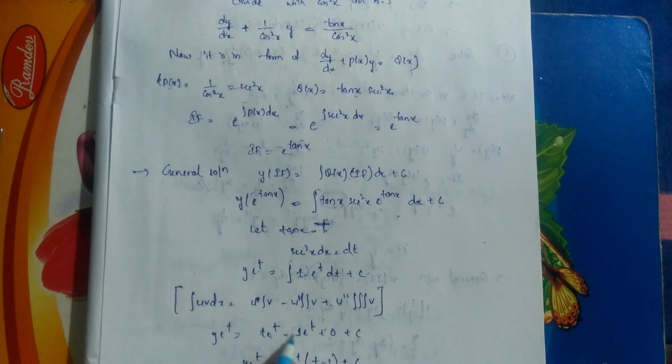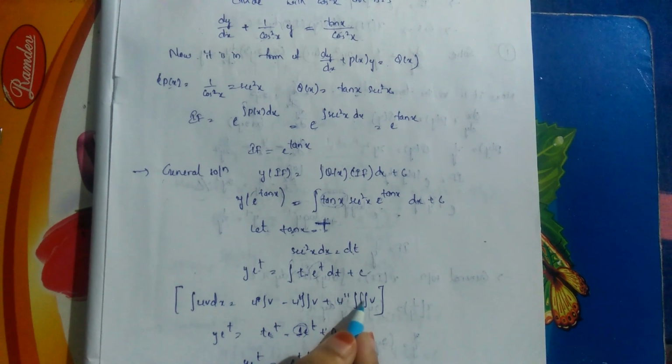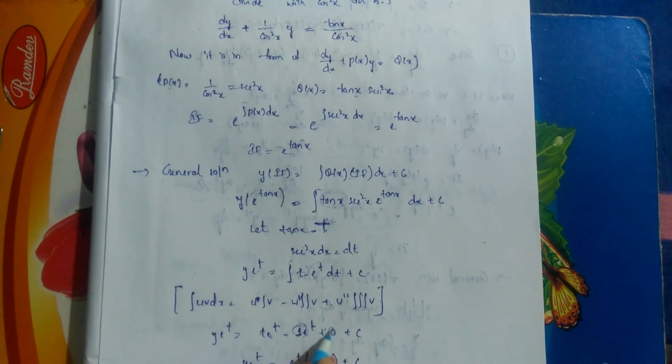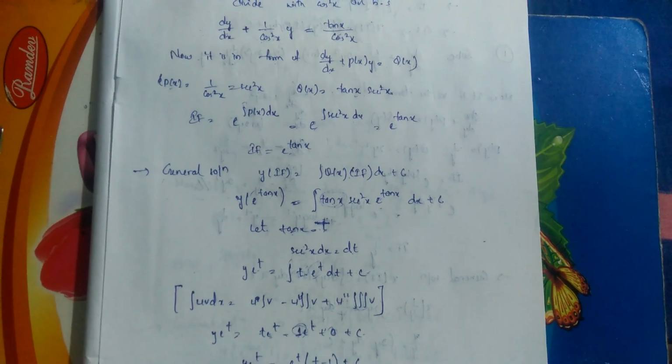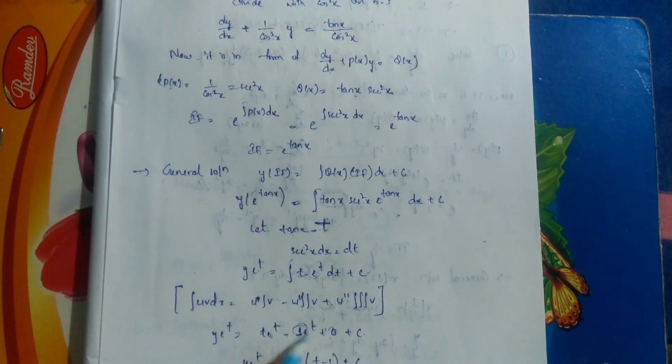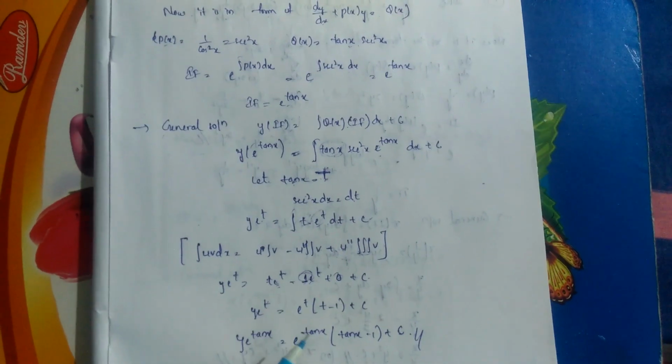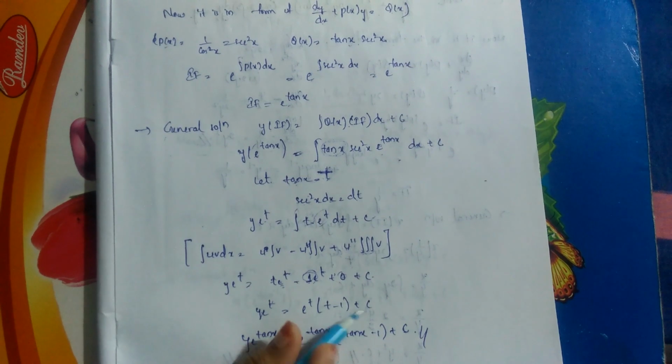When we differentiate 1, we get 0 because it is a constant. So whatever terms we get here are multiplied by 0, so the whole term becomes 0, plus c. So y into e power t equals, from both terms we can take e power t common, e power t of t minus 1 plus c.